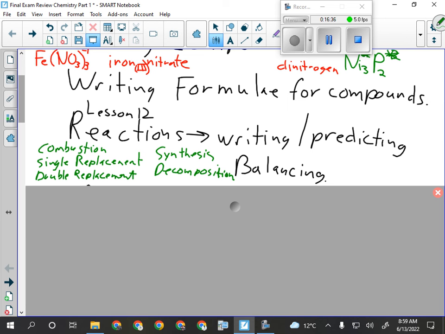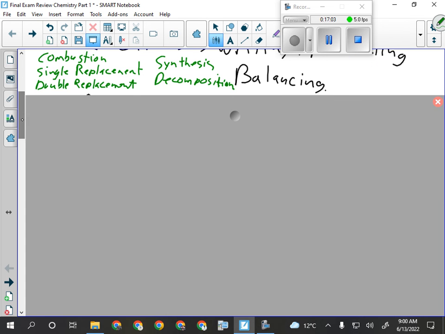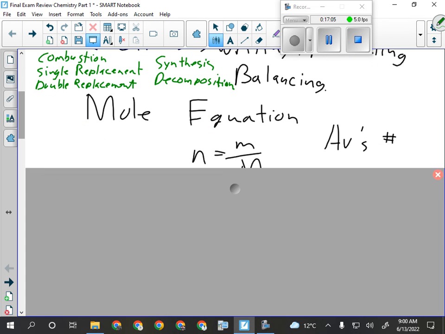I haven't done the numbers, but my feeling is that global systems is probably more like 15%, and then the other 3 would be weighted pretty equally after that. Okay. So we'll go over some writing and predicting and balancing here in a few minutes, but obviously that's a pretty heavily weighted one.